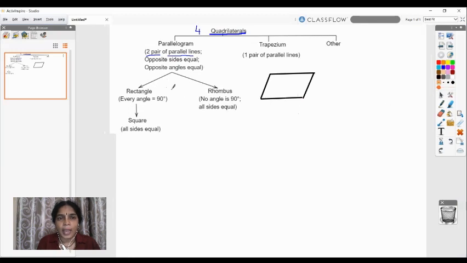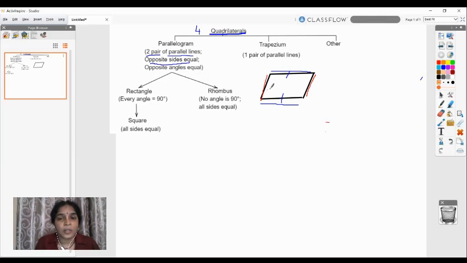And also the opposite sides are equal. This side is equal to this side. What do we mean by that? The length of this side is equal to the length of this side. Similarly, the length of this side is equal to the length of this side. So such a thing is a parallelogram.